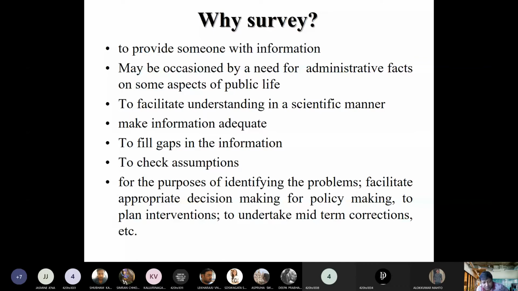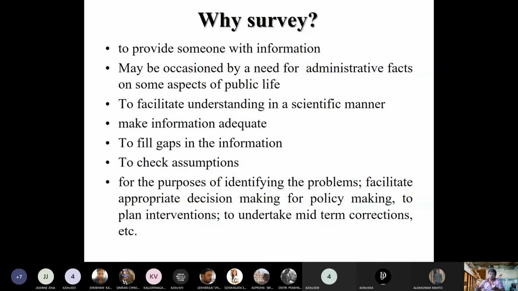So here what I am doing is for the purpose of planning the intervention, because if I want to intervene in the process, suppose a company has already implemented a project and wants to do a midterm survey. Through that midterm survey, they will understand what exactly the problems the rural people are facing, what the constraints are from our side, how we can extend our project, and what different plans we can use to intervene in a particular locality to undertake midterm correction.